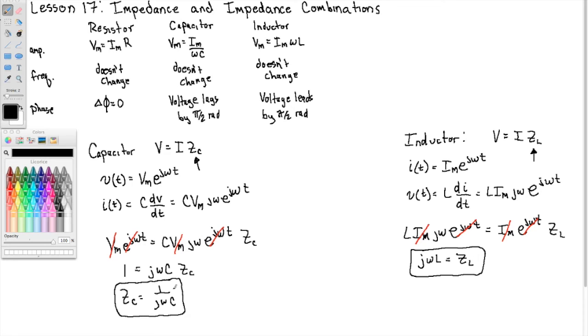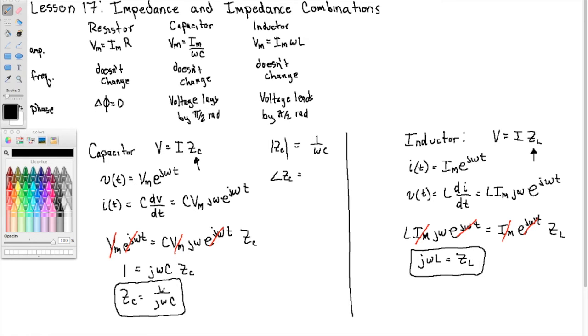Now over here, notice the magnitude for the capacitor now. Capacitor, the magnitude of Zc, or the magnitude of this thing, is 1 over omega c. Notice the phase of this thing.